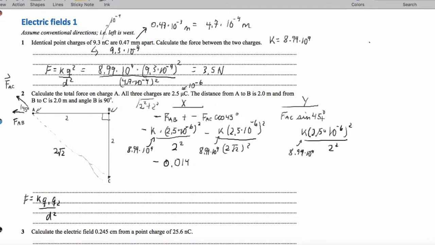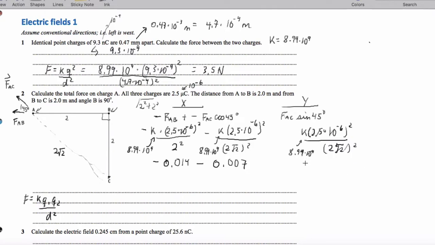And you know what? I got to be really careful here. I said that this is 2 squared. It's not. It's 2 radical 2 squared because we're dealing with that direction. Minus, and here when we put in our numbers, that's going to be a similar number divided by, I'm going to end up getting here negative 0.007.